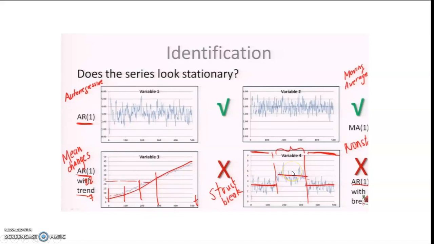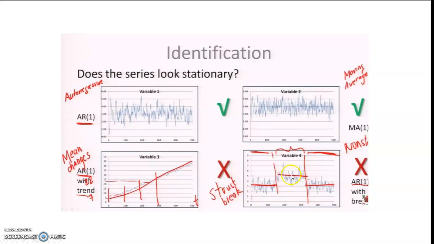Regarding the fourth variable, this is AR1 with structural break. If you look at this graph, we can subdivide it into 3 sections. In section 1, the mean is constant between 0 maybe up to 150, and then there is a sudden shift in the mean between 150 and 320 or so.